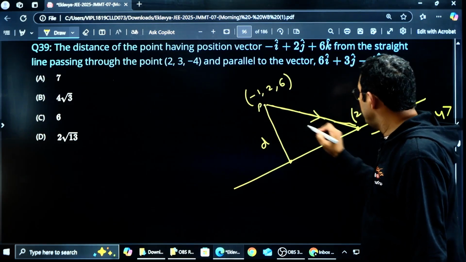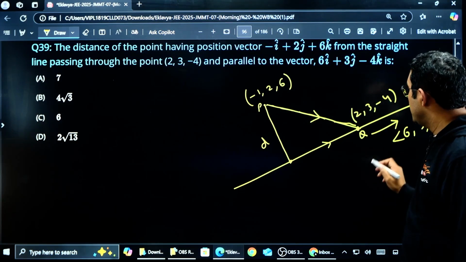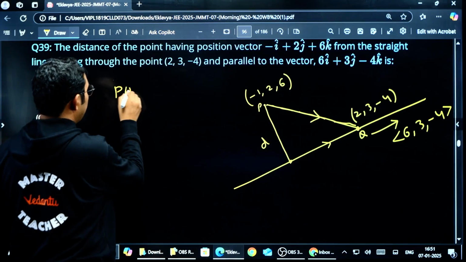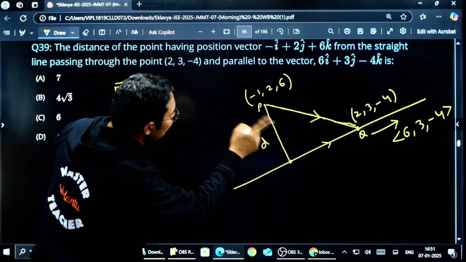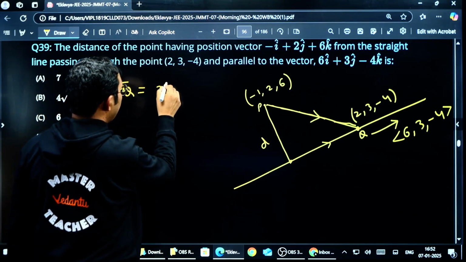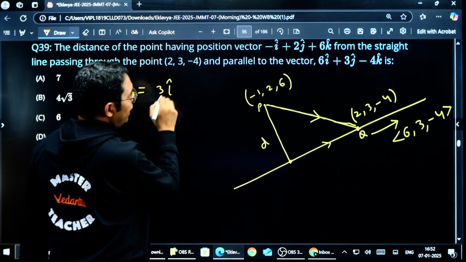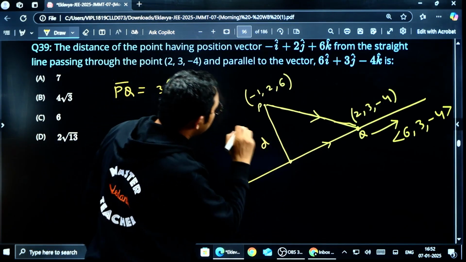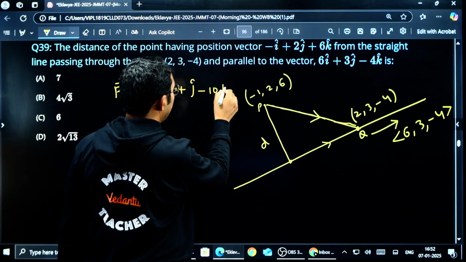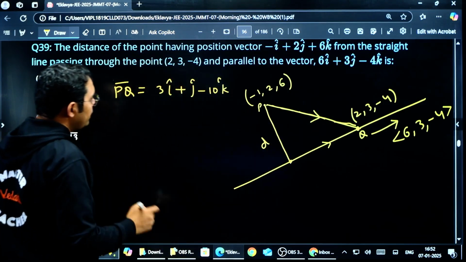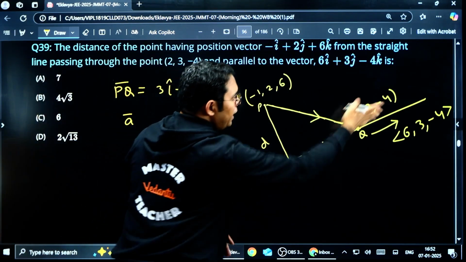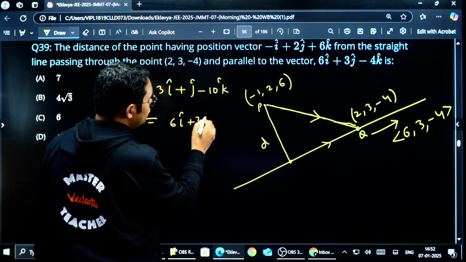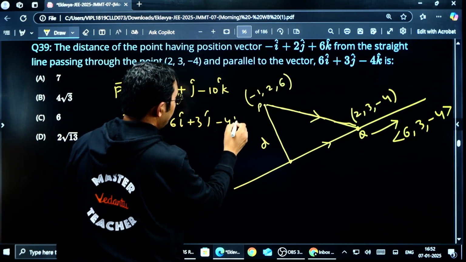Suppose this point is P, this point is Q. Then my PQ vector would be 2 minus 1, so 3 i cap, 2 minus minus 1, so 3 i cap, and 3 minus 2, so 1 j cap, and minus 4 minus 6, so minus 10 k cap. That is the PQ vector, and the vector along this straight line, let us say A, is equal to 6 i cap plus 3 j cap minus 4 k cap.